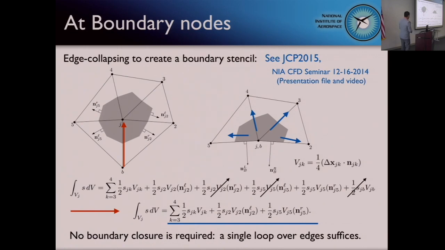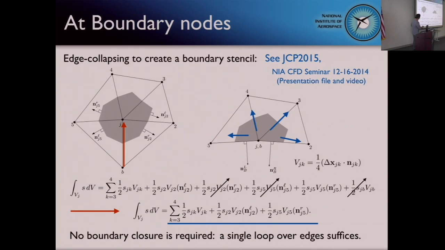And on the boundary, just briefly. Typically, in an edge-based scheme, when you compute the solution at the boundary, you know that you need some boundary flux contribution. All I want to say in this slide is that you don't need anything for this source term. We can use this edge-collapsing approach that we used to derive the boundary flux formula for the conservation law. If you look at this boundary integration formula and apply it to this interior stencil, but move this node to this node j, you end up with a stencil on the boundary.